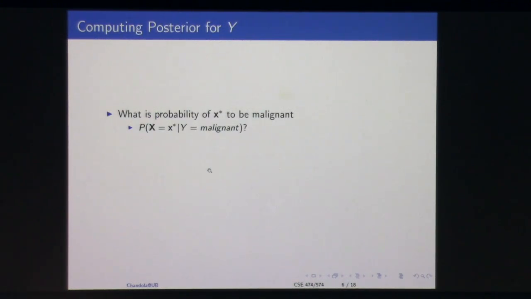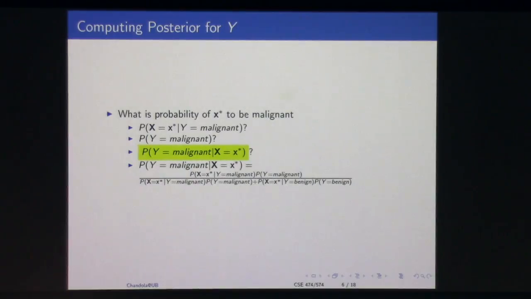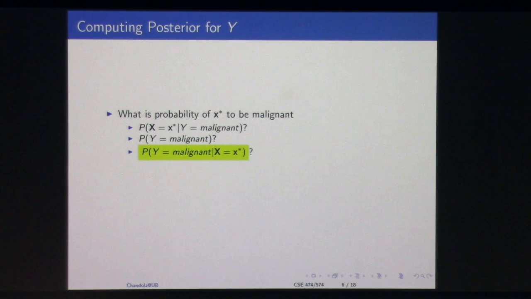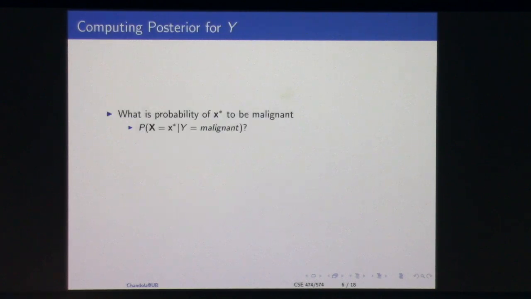So what we want is, what is y when we have x? And for that, as I showed you earlier, we first want what is x given y. This is also known as the class conditional probability for x. This is where you also have to be careful, as students, about how to interpret what we want. What we want is the probability of a new data point to be malignant. But if I write it out this way, this is not the exact expression.